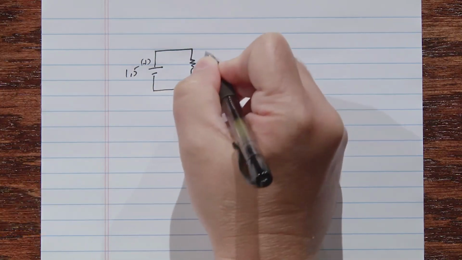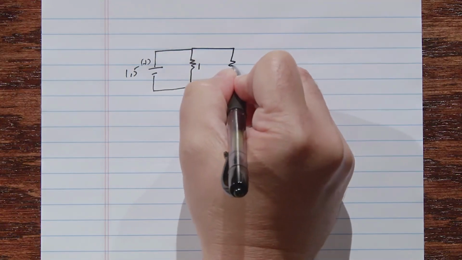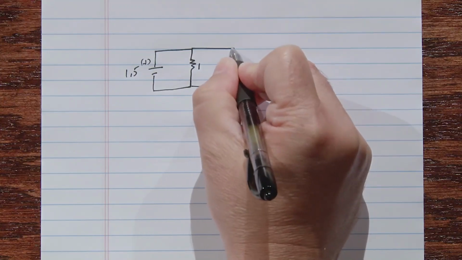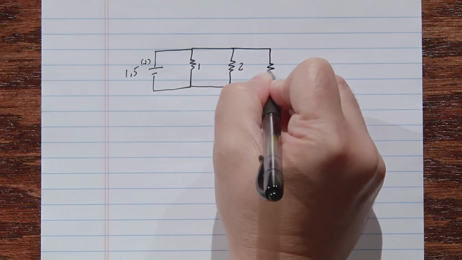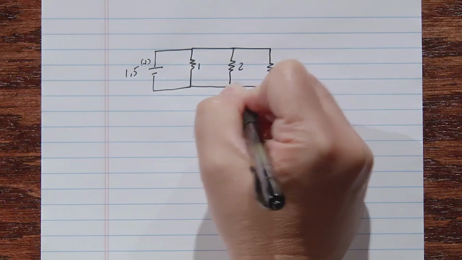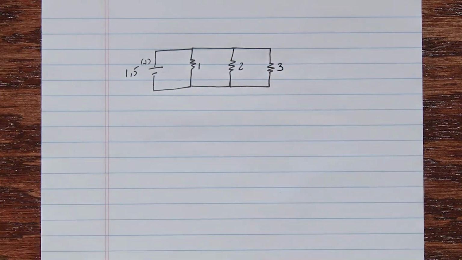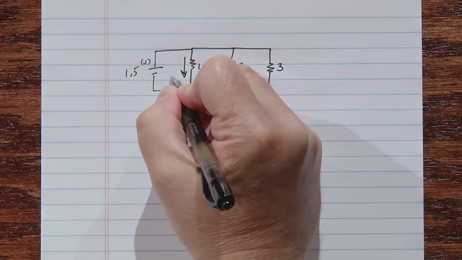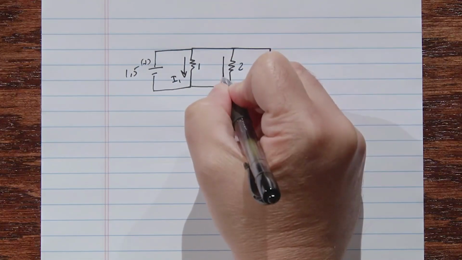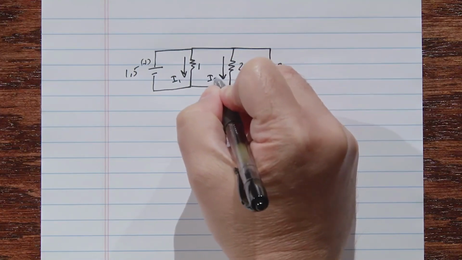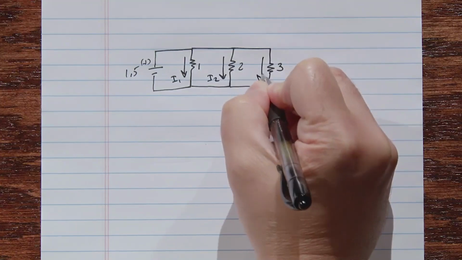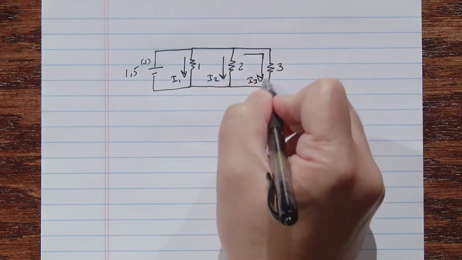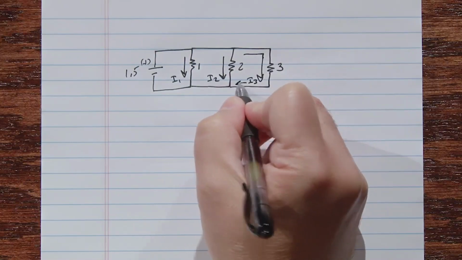I have a 1 ohm resistor, a 2 ohm resistor, and a 3 ohm resistor. And let's call this current I1, and this current I2, and this current I3. So I3 flows here.